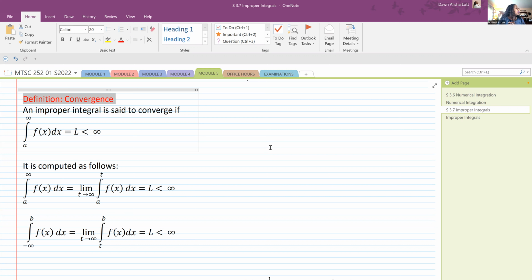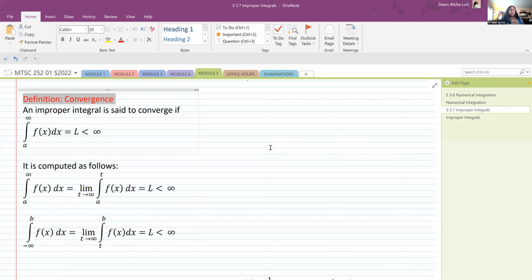It doesn't matter what the number is, as long as you get a number and not infinity, the integral converges. If when you do the improper integral you get infinity, then you know the integral diverges, which means the area underneath the curve going toward infinity or minus infinity keeps increasing. It can never converge to a finite number.